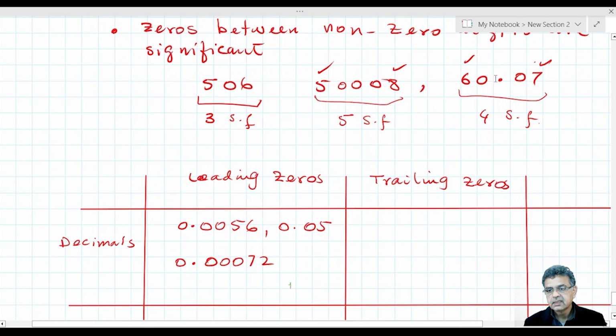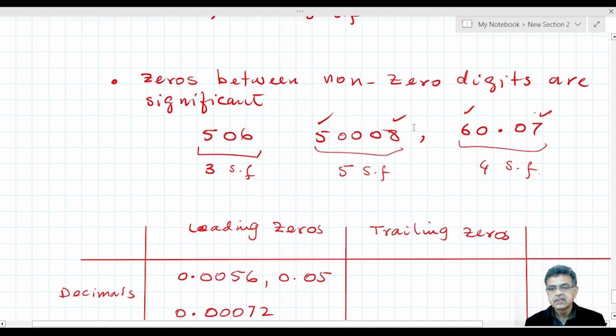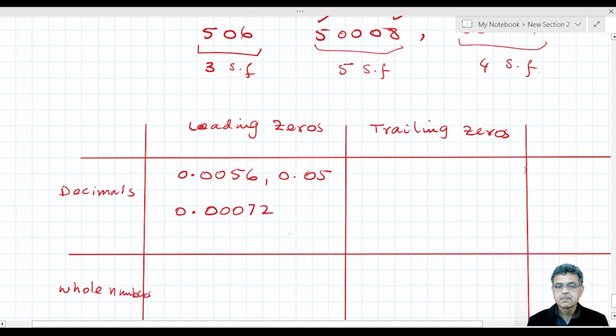In a case like this, it is not a leading zero because that is between two non-zero digits. We have separately discussed zeros between two non-zero digits. If in the beginning and at the end there are non-zero digits, then these zeros are in between, and we have already defined the rule for that, that all such zeros will be significant.